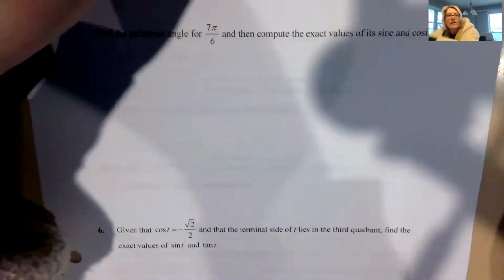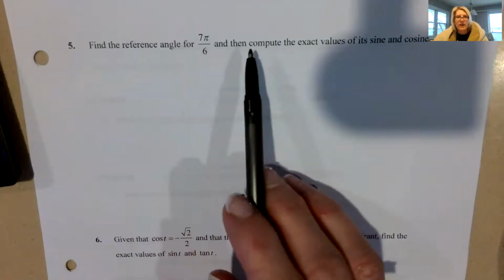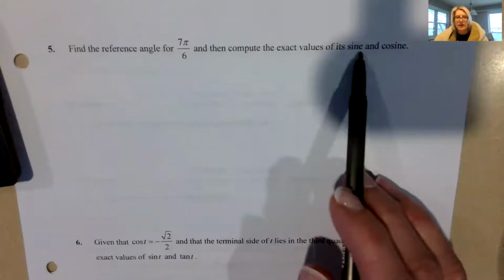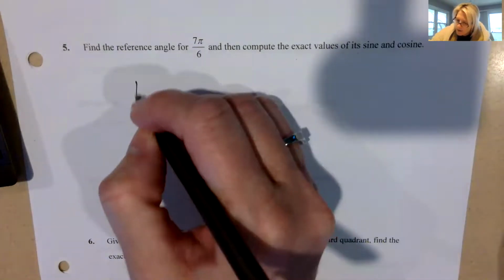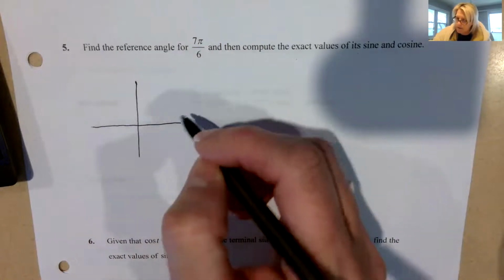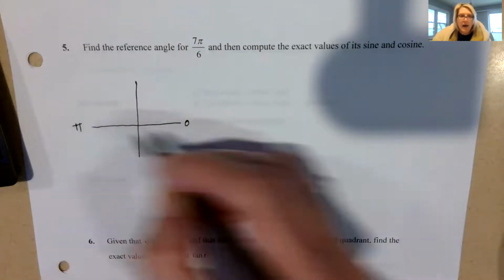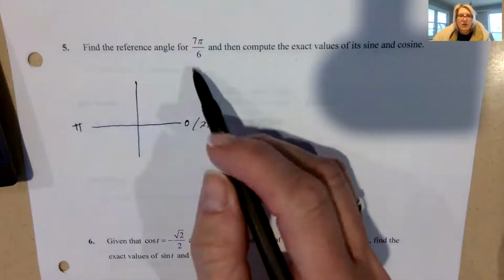Okay. Question number 5 says find the reference angle for 7 pi over 6 and then compute exact values of sine and cosine. The reference angle always goes along the x-axis. This is pi, 0, and 2 pi.